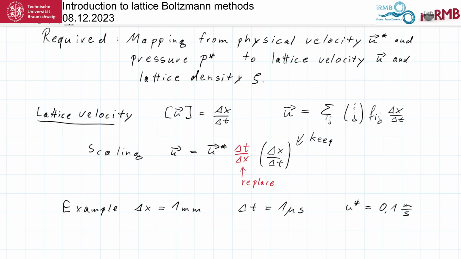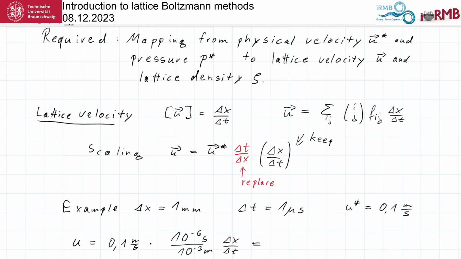So what are we going to do? We say that our velocity u is our physical velocity 0.1 meters per second. Now we replace these things here, so I should have written them in red. So this is 10 to the power of minus 6 seconds by 10 to the power of minus 3 meter, and we'll keep that here.